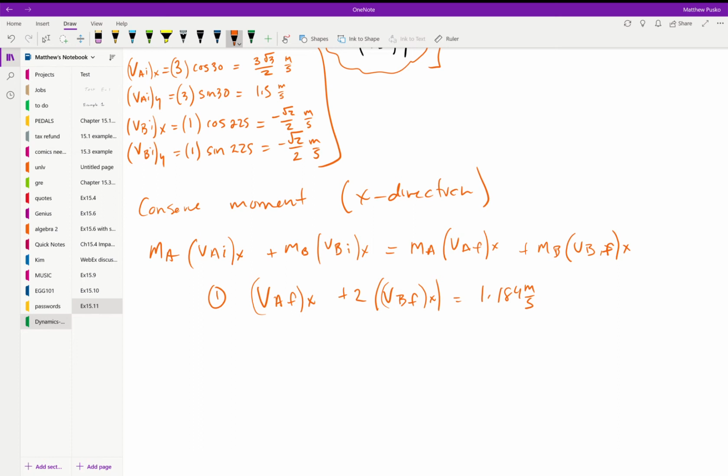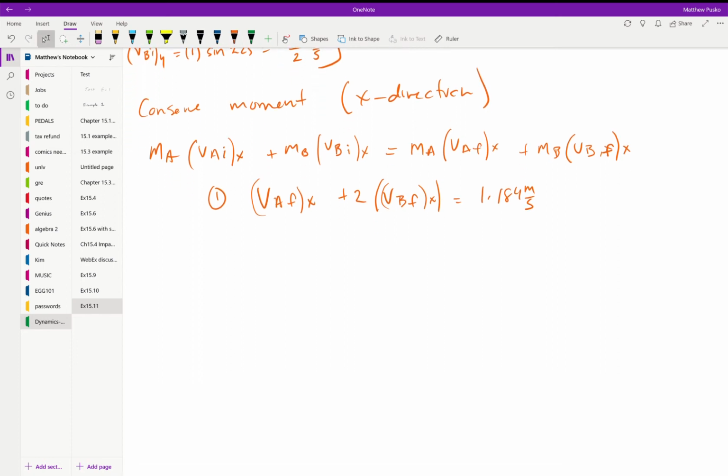Okay, let's hold on to equation number 1 and let's apply our coefficient of restitution. We have e given to us as 0.75 in this problem. We use the formula velocity of B final minus the velocity of A final over the velocity of A initial, 3 root 3 over 2, minus the velocity of B initial, negative root 2 over 2.